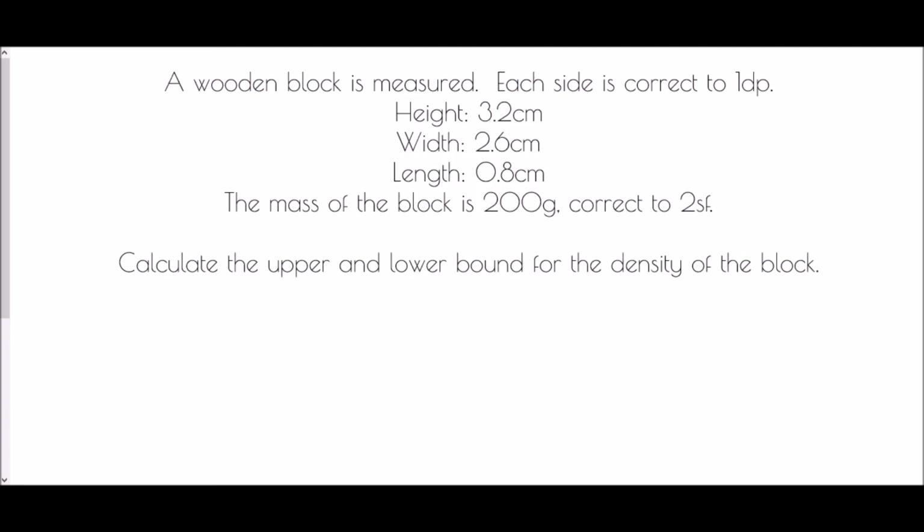Okay, so first of all, let's just look at each of our units. Now, the height, we can think about our bounds again. These have been rounded to 1 decimal place. So the height would be at least 3.15 and at most 3.25. The width would be at least 2.55 and at most 2.65.